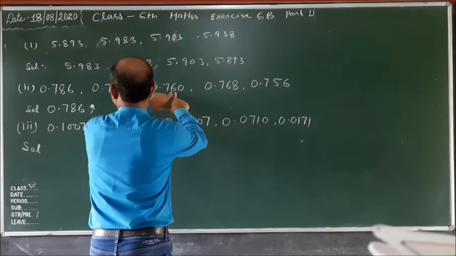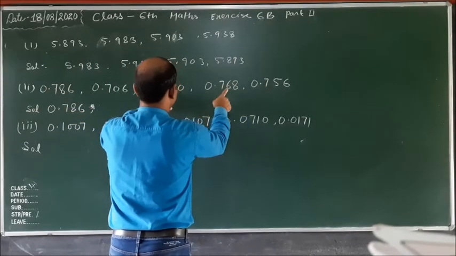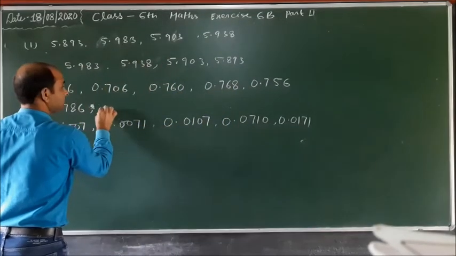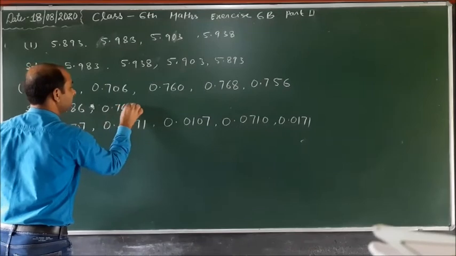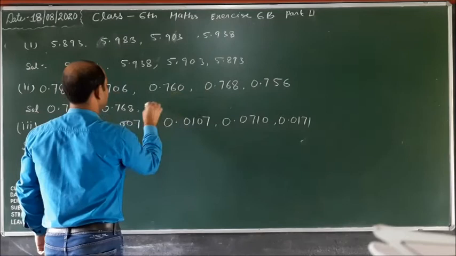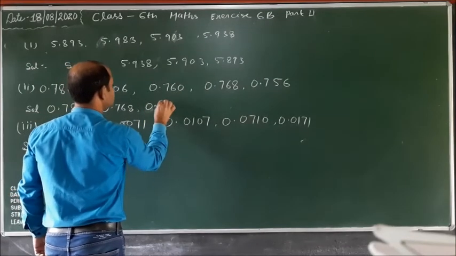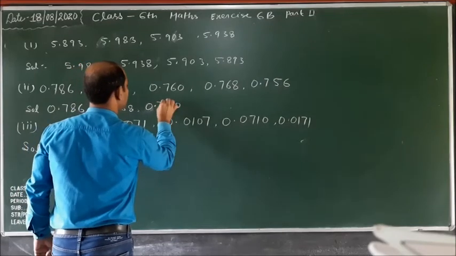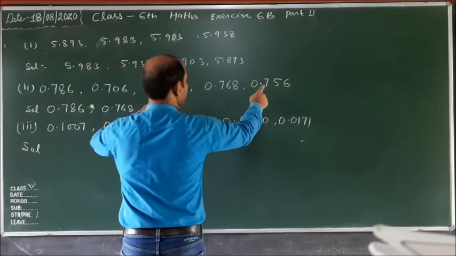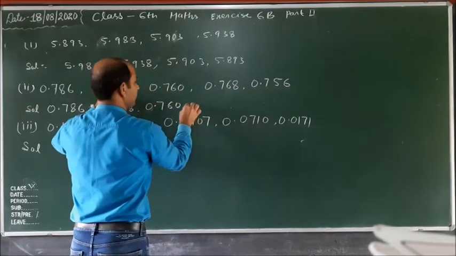After this number, 7, 8. Here 7, 6, 7, 6, 7, 5. So 7, 6, 7, 6. Here 0, here 8. The second number is 0.768. After this number, we write 0.760. Then after this number we write 0.756, because here 7, 7, here 0, here 5.